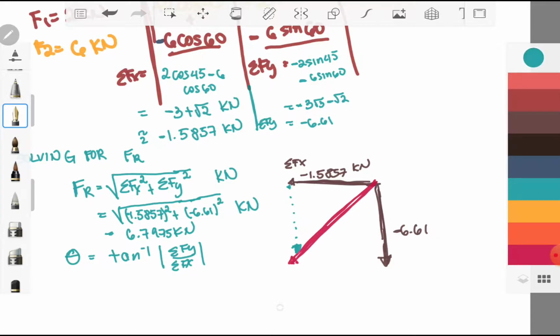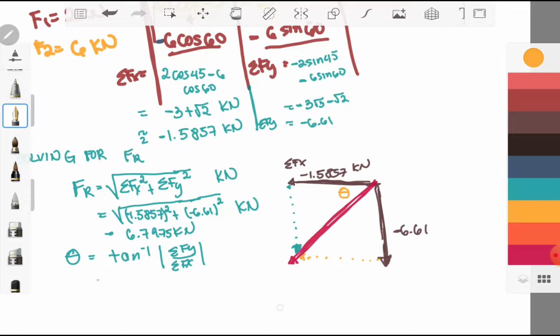Let's say that this will be your theta. So shift tangent of negative summation of Fy, which is 6.61, negative 6.61. So tangent theta is opposite over adjacent.